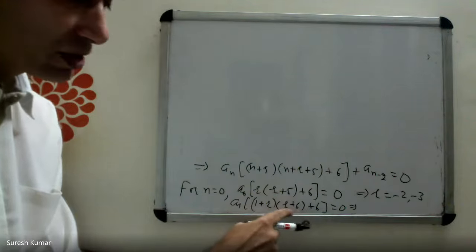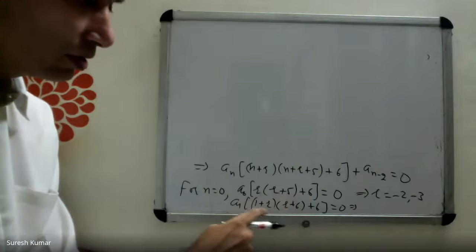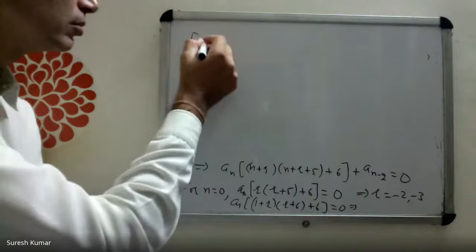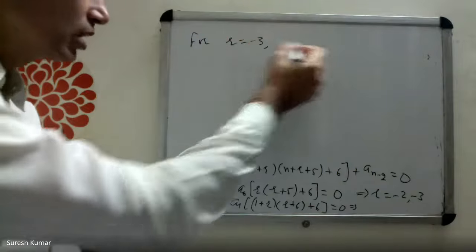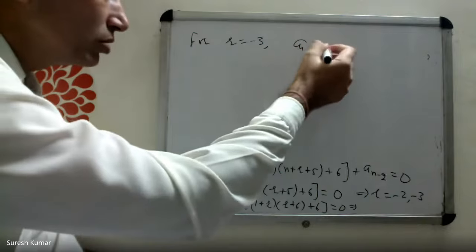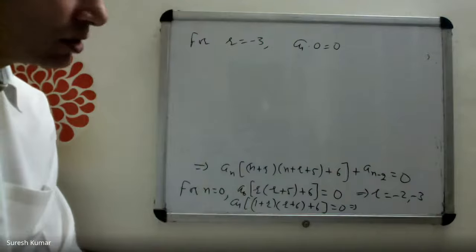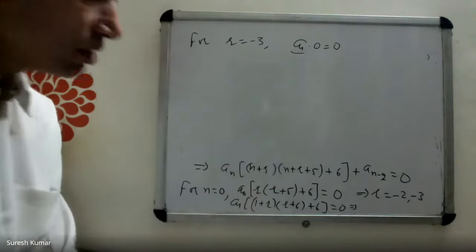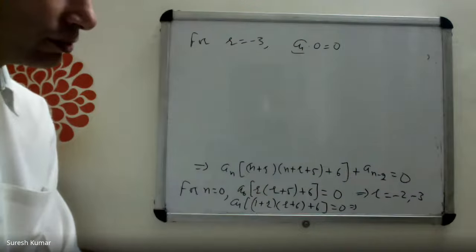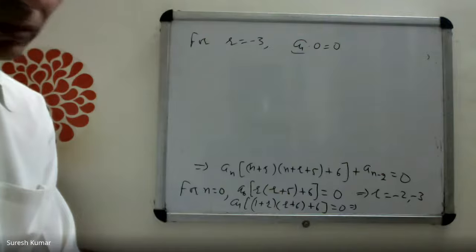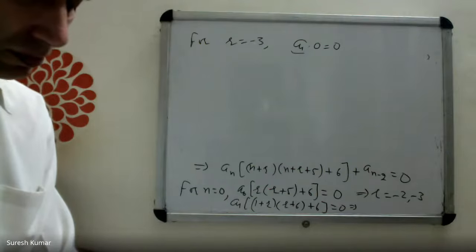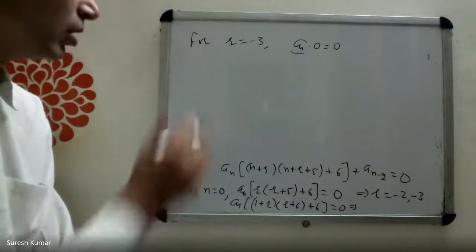Minus 3 plus 6, how much? Plus 3 minus 2, it is 0. Sorry. For r equal to minus 3, you are getting A1 times 0 into 0 equal to 0, right? So you cannot fix A1. A1 is arbitrary. That's good, no problem.